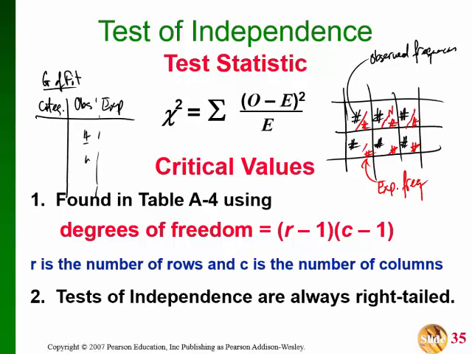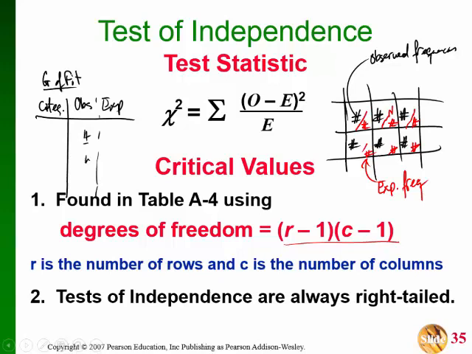Now, it's going to be the product of the number of rows minus 1 times the number of columns minus 1. So we have a new degrees of freedom expressed here, and that is (r minus 1) times (c minus 1).